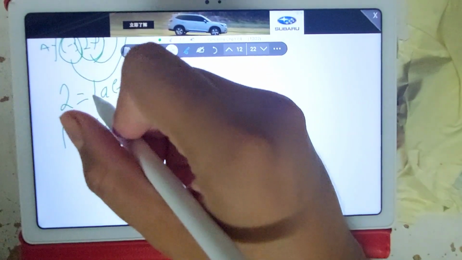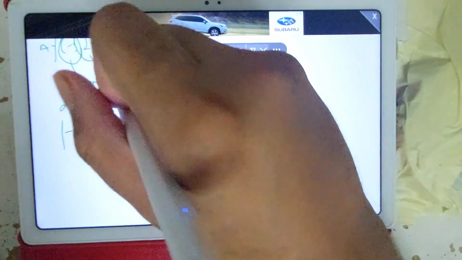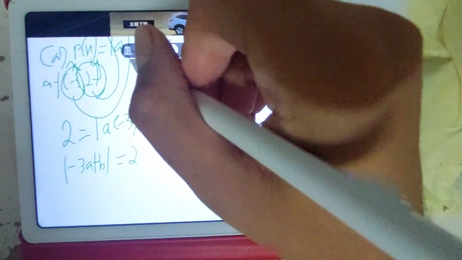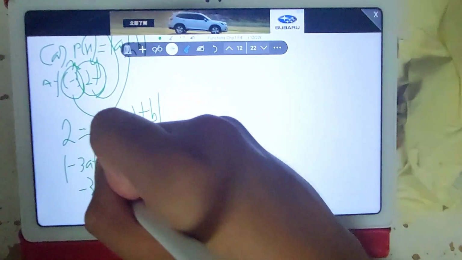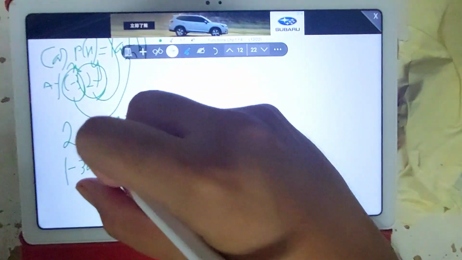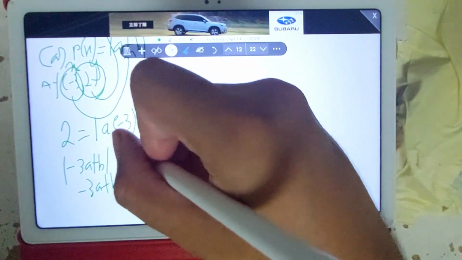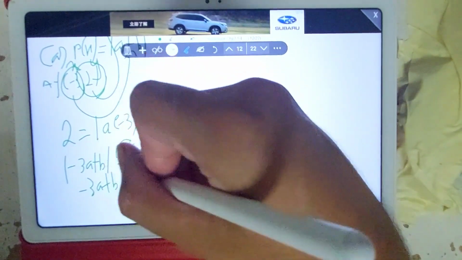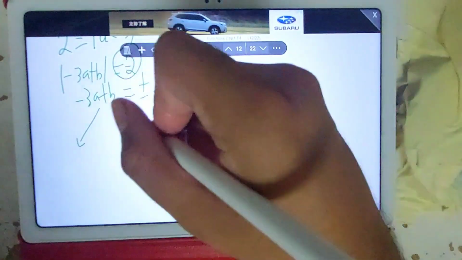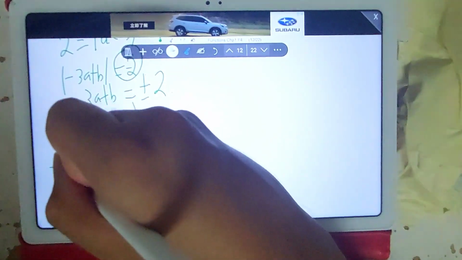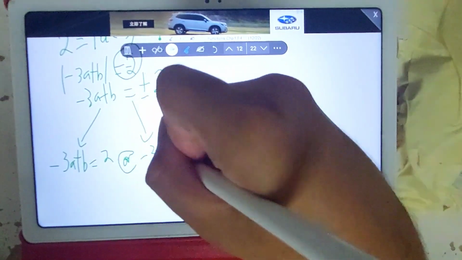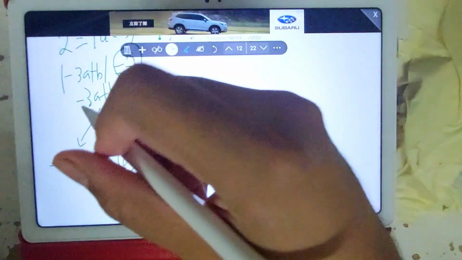And from here, if you realize, when you break the modulus sign, you cannot just write 2, you should write positive or -2, because modulus will neutralize all the negative values and will cause the number on the right hand side to take the positive and negative as well. So you need to consider that. So that's why we have two cases here. So -3a plus b can be 2, or -3a plus b can also be -2.